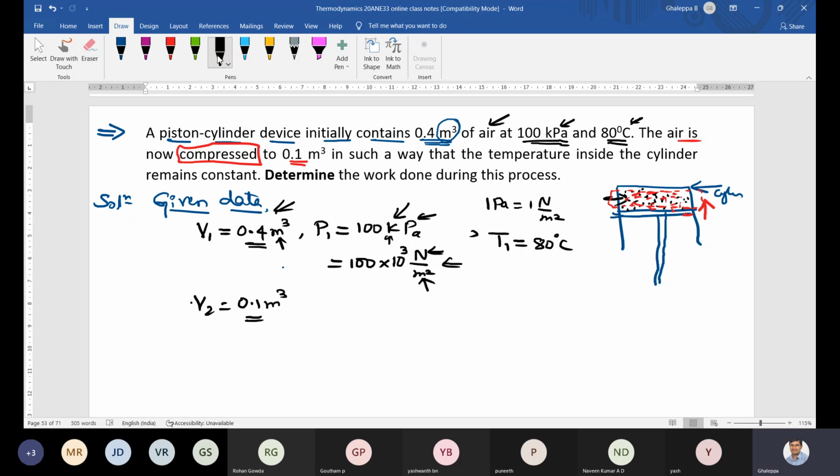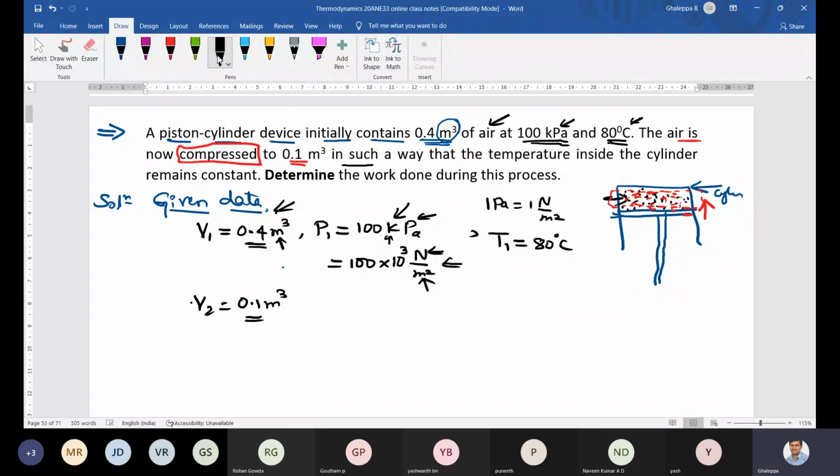If it is expansion, does volume increase or decrease? Assume in place of compressed, the air expands. Then will the volume be more than 0.4 or less than 0.4? More than 0.4. Correct.